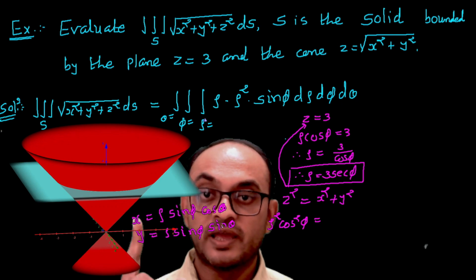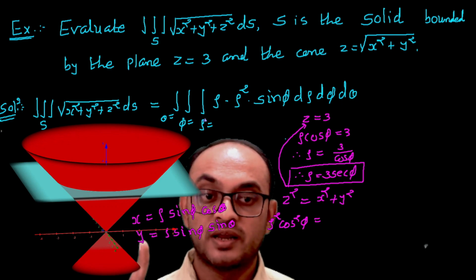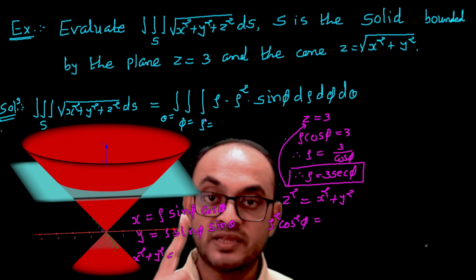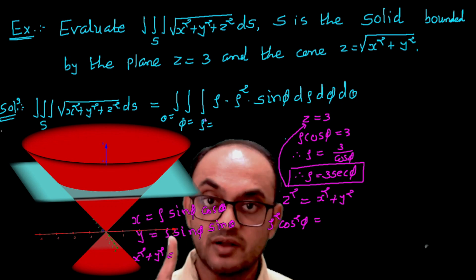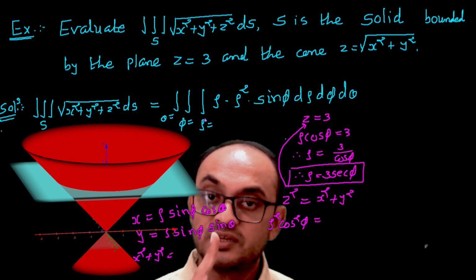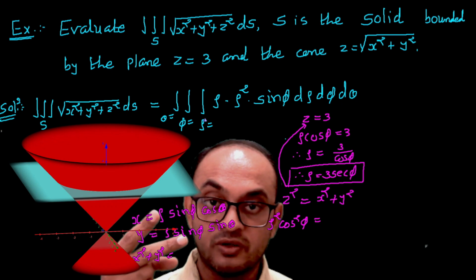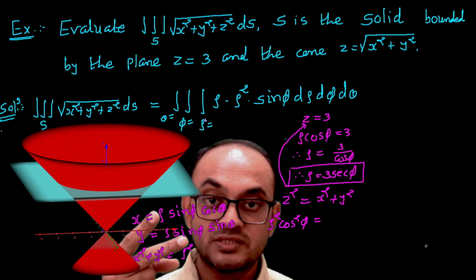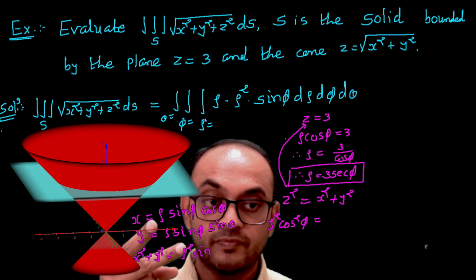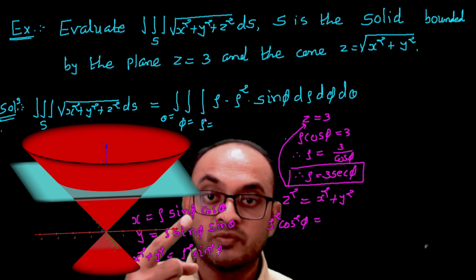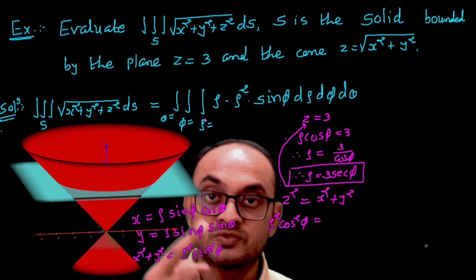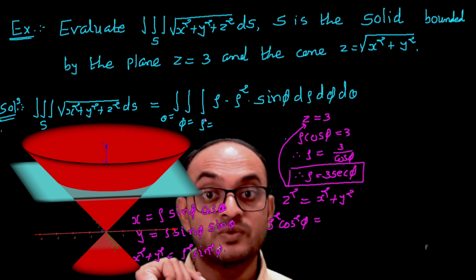So if you take x square plus y square, then x square plus y square becomes rho square sine square phi cos square theta plus rho square sine square phi sine square theta. If I take rho square sine square phi common, then cos square theta plus sine square theta is 1.